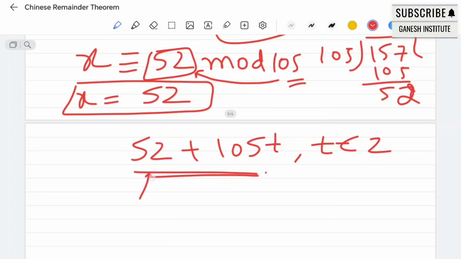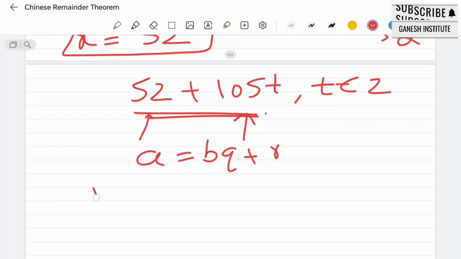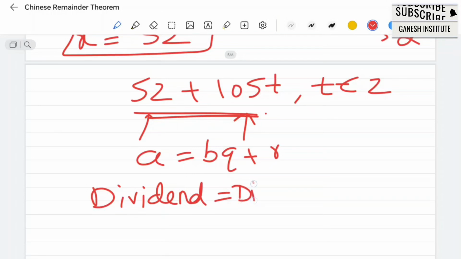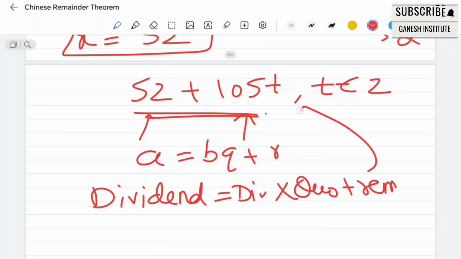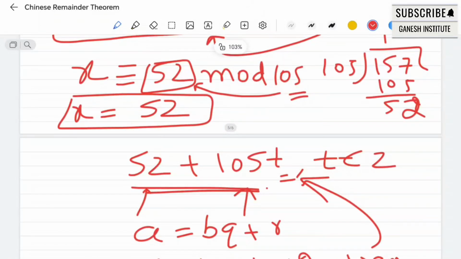This is our remainder and this is our divisor. By the division algorithm, dividend is equal to divisor into quotient plus remainder, A equals BQ plus R. We can put any t value and get infinite solutions. But as far as the answer is concerned, we can have this 52.